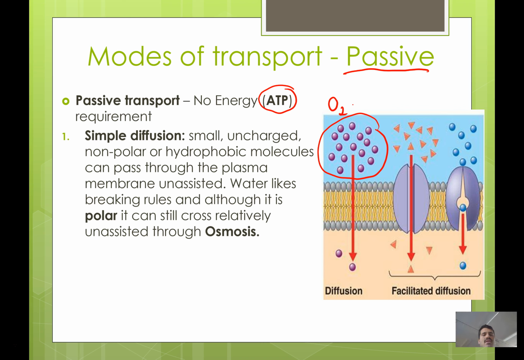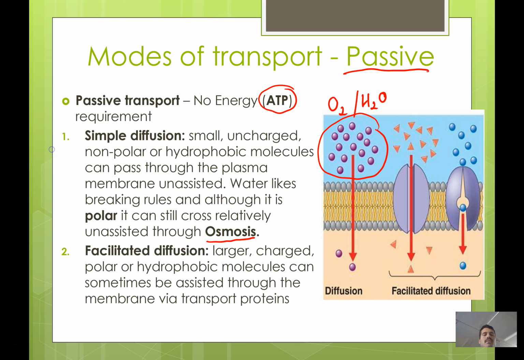Or what this can actually be is a water molecule. Right. Although water is polar, it's so tiny that it can still cross relatively unassisted. And we call this special kind of simple diffusion osmosis. Okay. And then the other kind of passive diffusion is called facilitated diffusion.